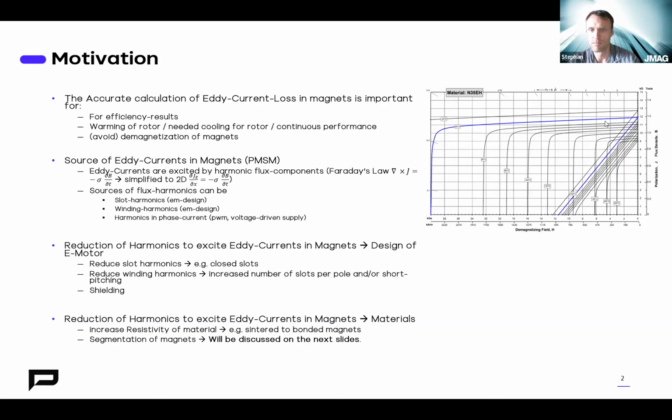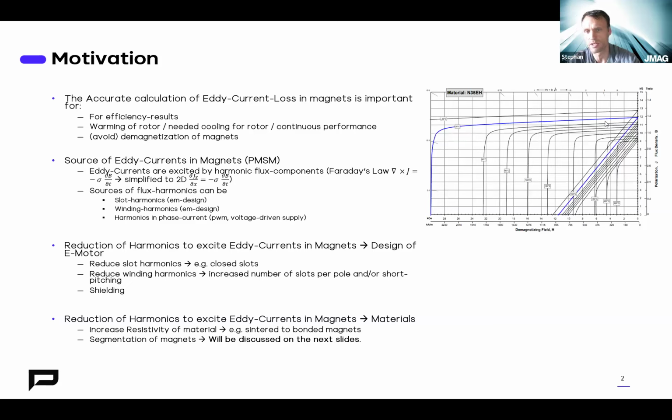These flux components induce some very small voltage in the magnets, and this voltage drives an eddy current. This is represented by Faraday's law, and with this, one could also calculate the eddy currents in the magnet analytically. This is basically why eddy currents occur in the magnets.